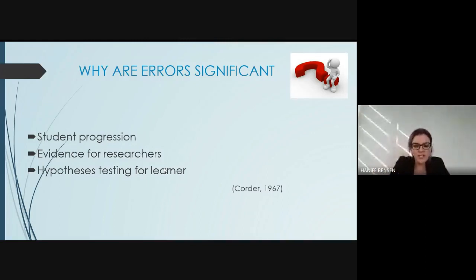So errors in this sense are very important, and we should consider them important in the process of learning a second language as well. Now, in the past, errors were perceived as sins.